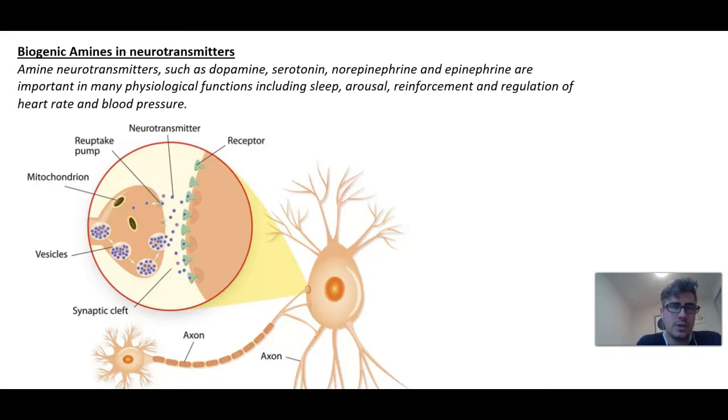And the neurotransmitters sort of float between the two in a sort of solution, and the concentrations of those neurotransmitters vary, and the body uses it as a way of regulating things like mood and all sorts of other things, including sleep, arousal, reinforcement, heart rate, blood pressure, you name it. It's probably governed somewhere along the lines by neurotransmitters.